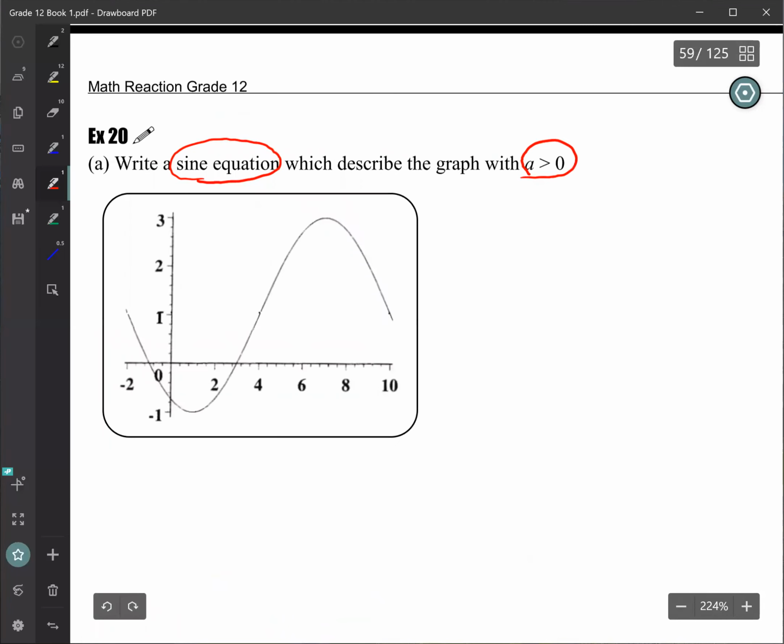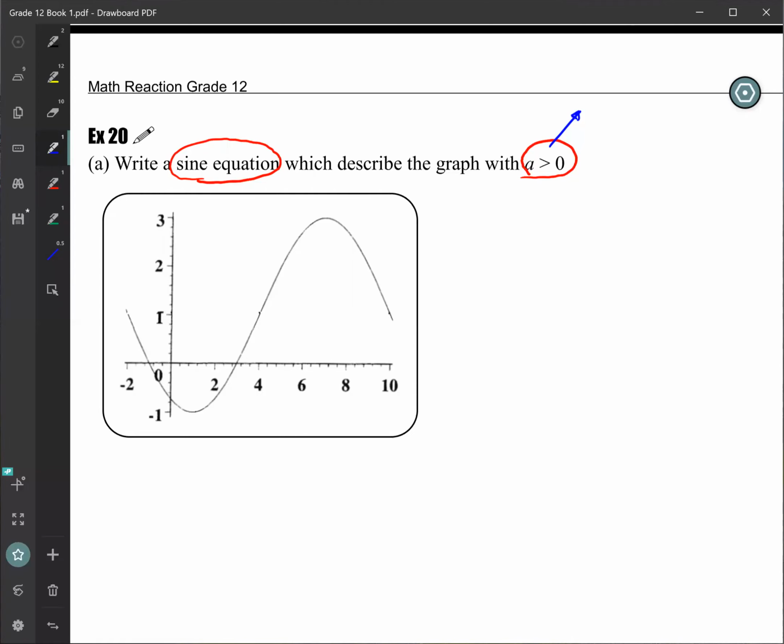So what does A control? A positive, A greater than 0, A less than 0, what difference does it make? Anybody? A greater than 0, A less than 0, how does that affect the graph? No one knows?